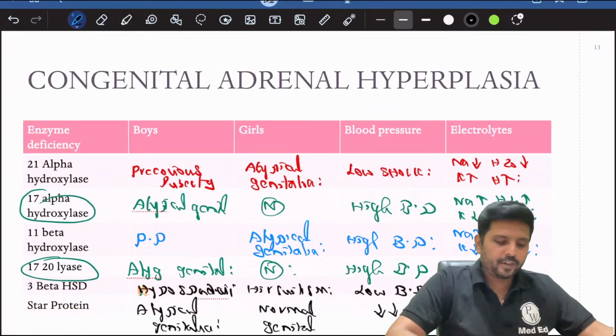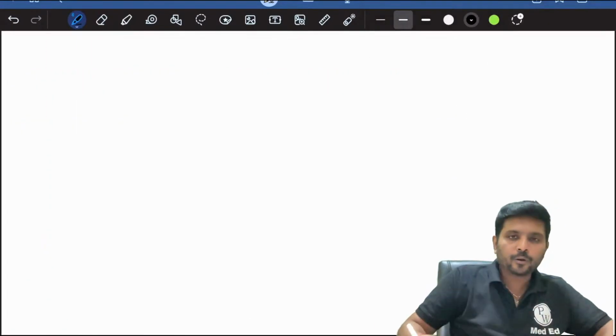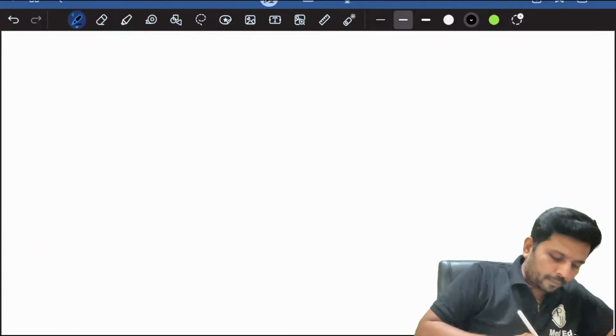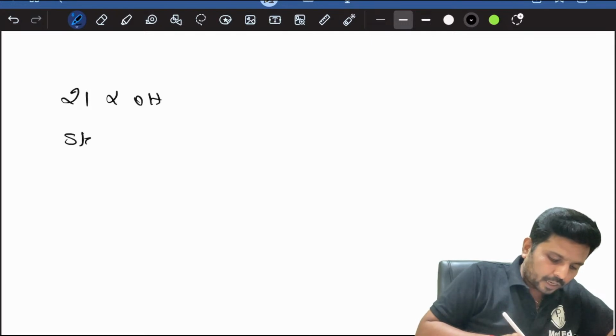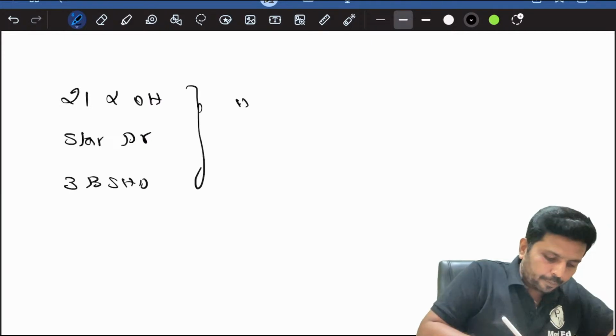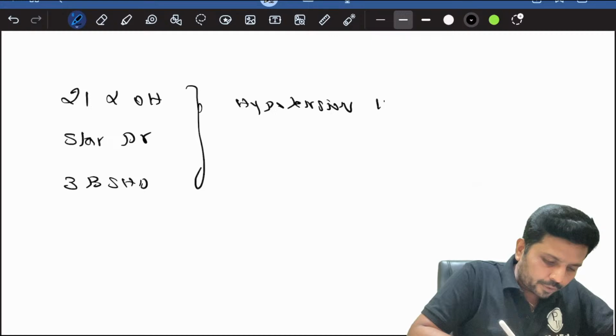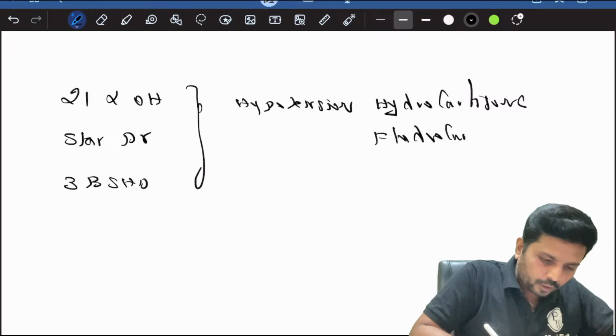And the treatment offered in congenital adrenal hyperplasia, apart from that, what are the 3 points that you need to know? Remember, in 21 alpha hydroxylase, in StAR protein deficiency, and in 3 beta HSD, you will have hypotension. So what is the management? Lifelong you need to give hydrocortisone as well as fludrocortisone for these enzymes.